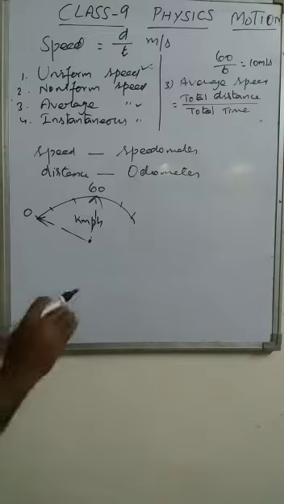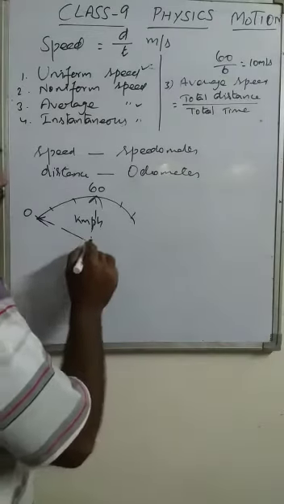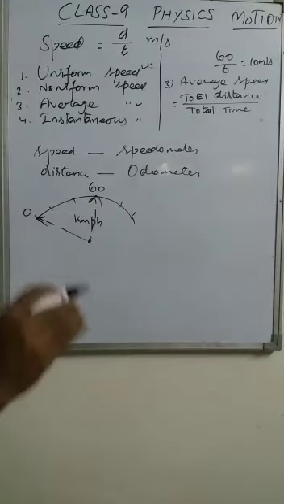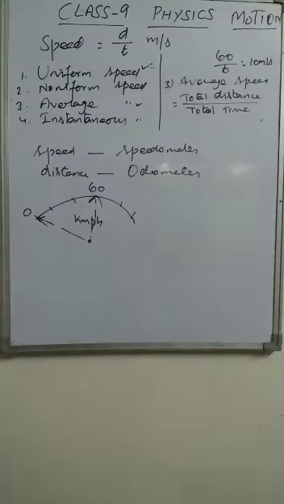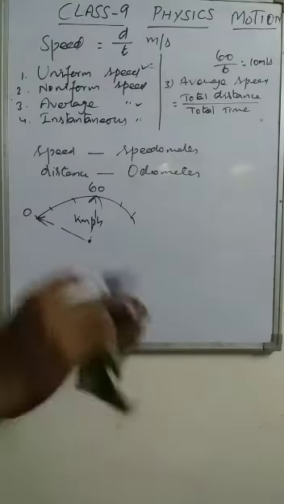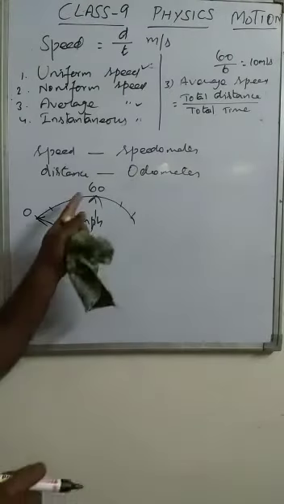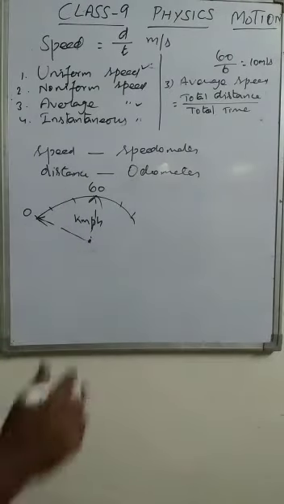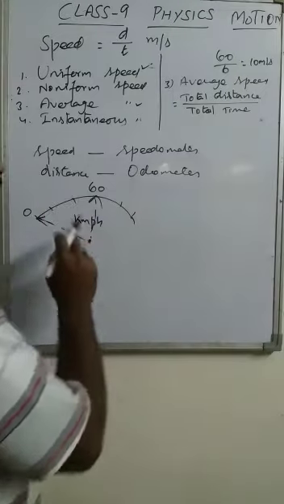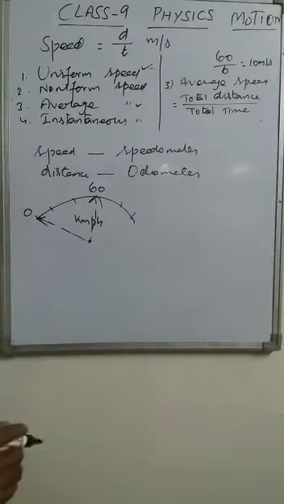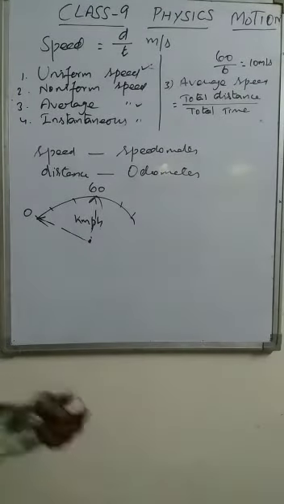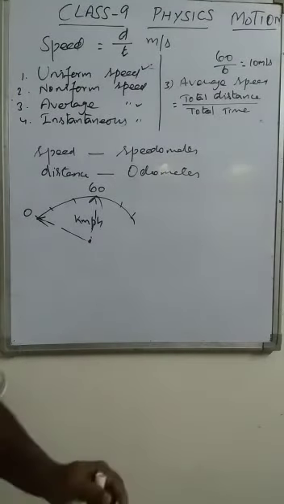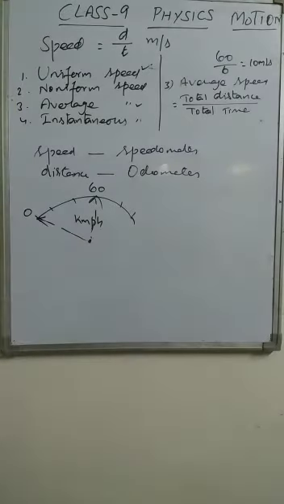If we maintain our motion so that the pointer of the speedometer shows the same value, then we say that the speed of the vehicle is 60 kilometer per hour and it is in uniform motion. But in our practical life, it is not possible.